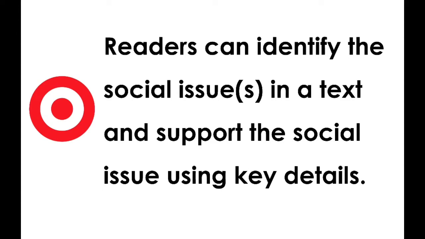This week, one of the things we're going to be working on is that readers can identify the social issues in a text and support the social issues using key details. I want you to take a second, pause this, think about what important words are in here that will help us solve this. Okay?